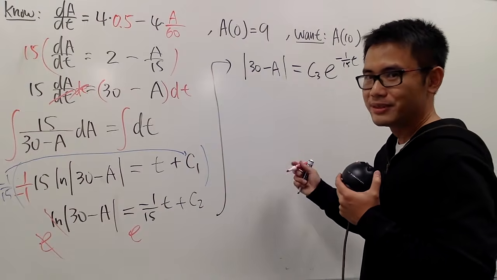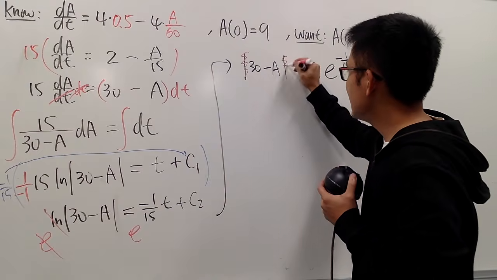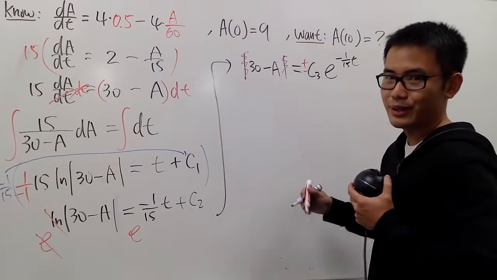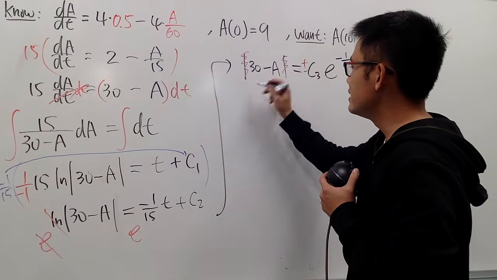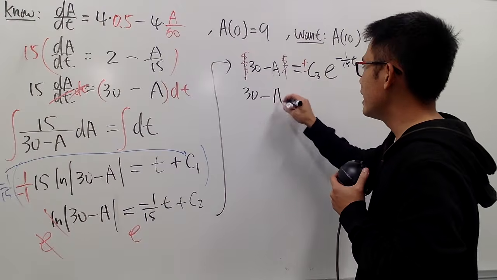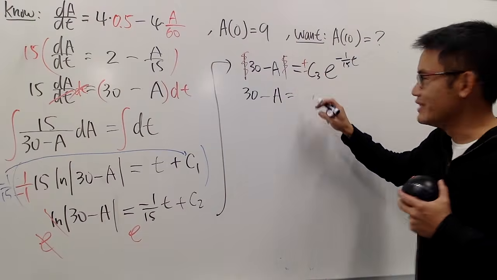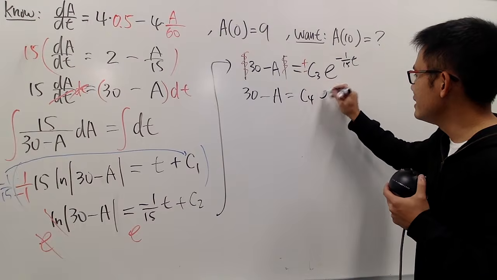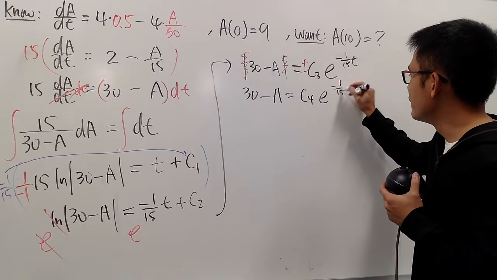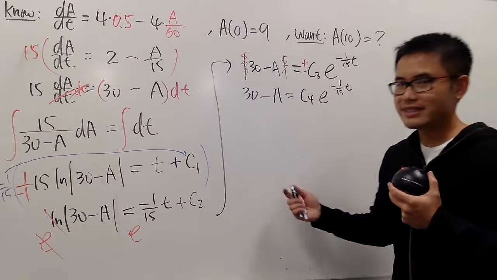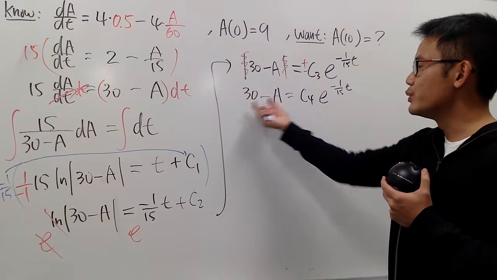Next, we get rid of the absolute value, plus minus on the right hand side. And then we see this is 30 minus a equal to plus minus c3, which is just c4, and then we have e to the negative 1 over 15 t. Next, let's bring the 30 to the other side.